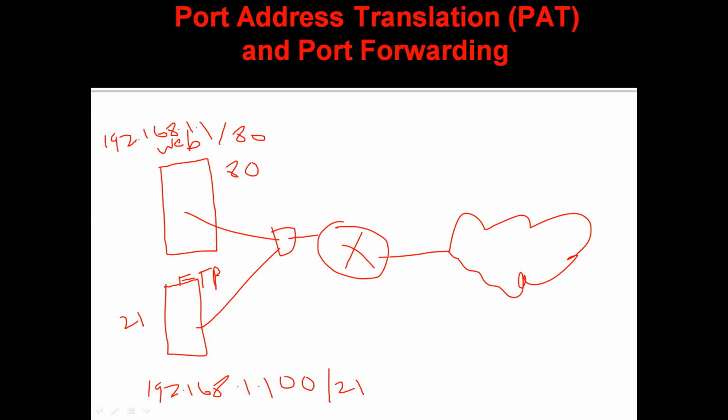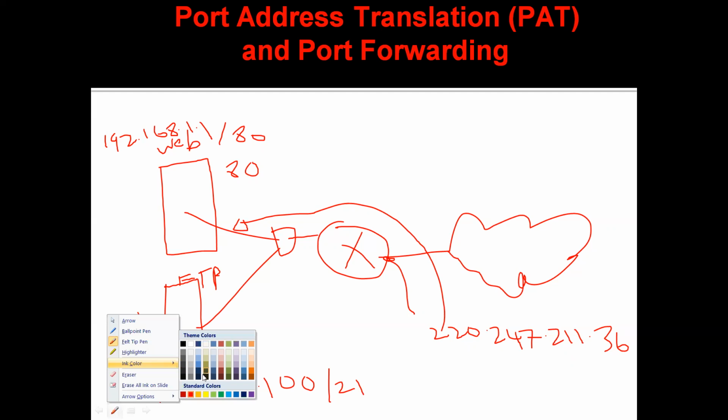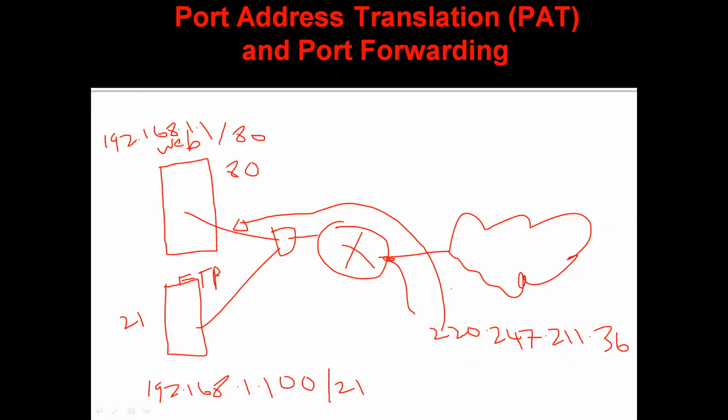It has one global IP address, 220.247.211.36, like this public IP. This public IP maps to different local IPs using different ports, right?